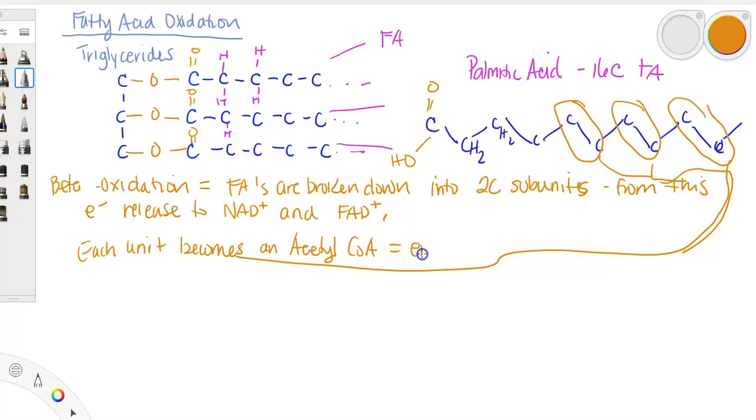That will enter the citric acid cycle. Okay, and when it does that, we're going to get a bunch of NADs and FADs, electron carriers carrying this.